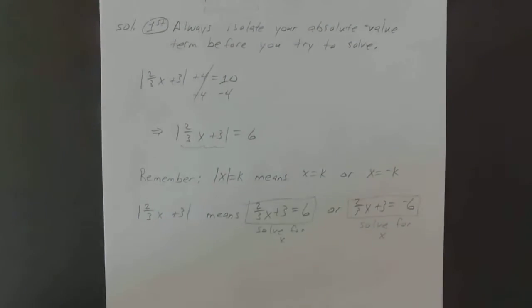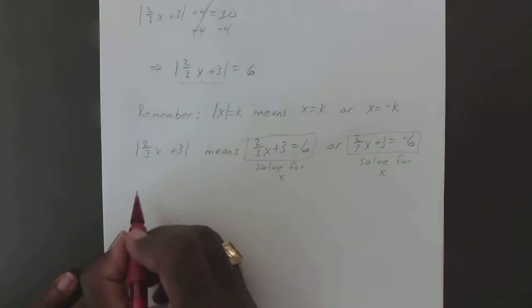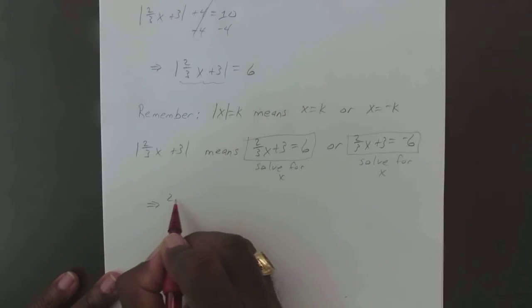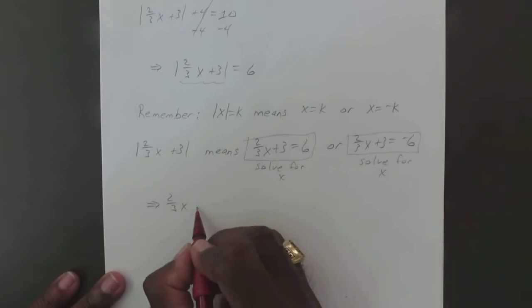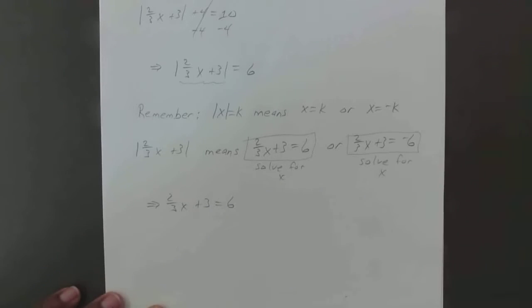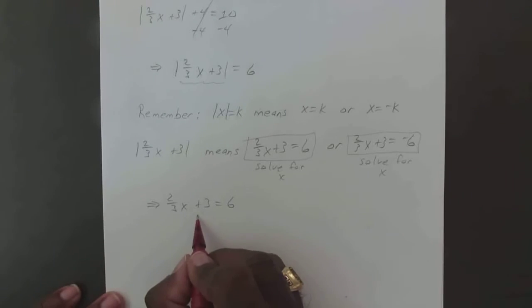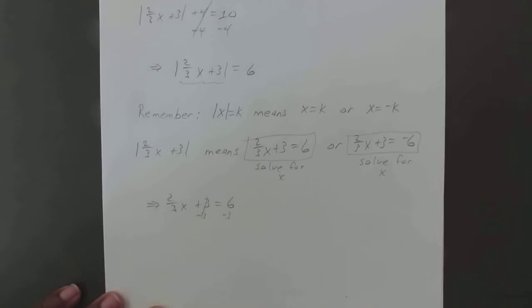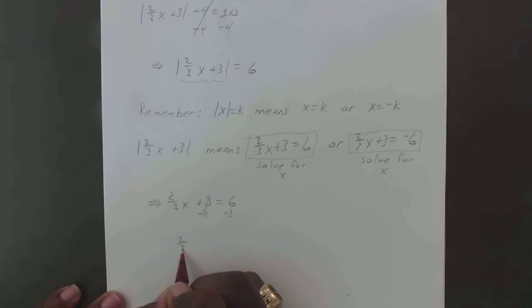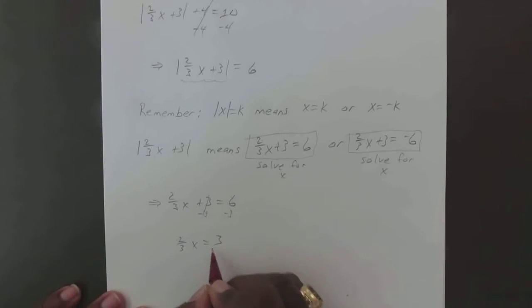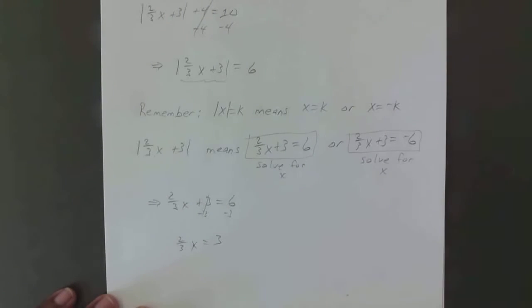Okay, so we'll solve this one first. You have 2/3 x plus 3 equals 6. Subtract 3 from both sides. So you have 2/3 x equals 3.